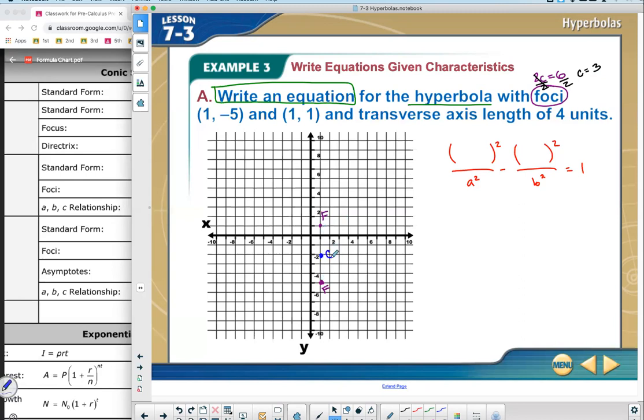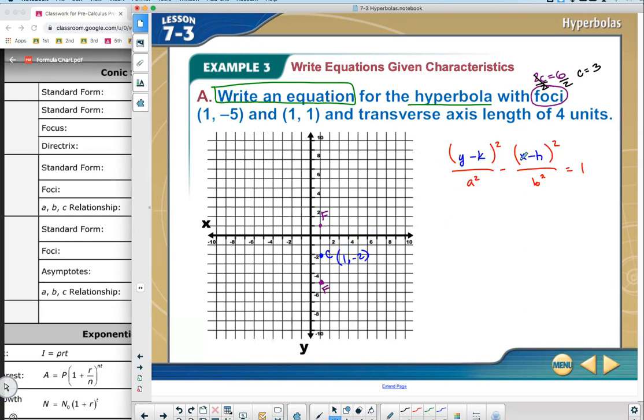So there's the center. Now, before I plug this in, because we don't know yet where to plug in the center like X and Y, you need to realize that the foci are telling you that it's vertical because they're stacked vertically. This means it's going to be Y minus K in the first parenthesis and X minus H in the second. Now I can plug in the center. The center is right 1, down 2.